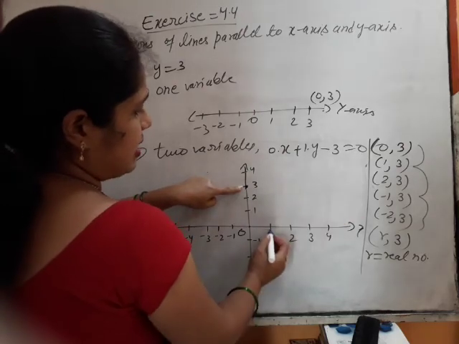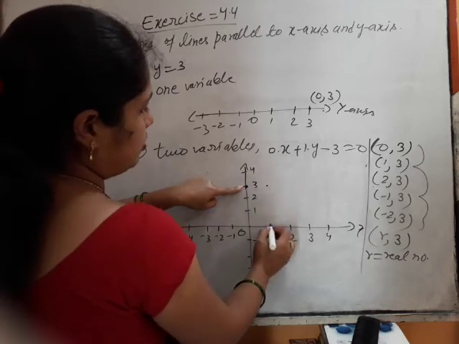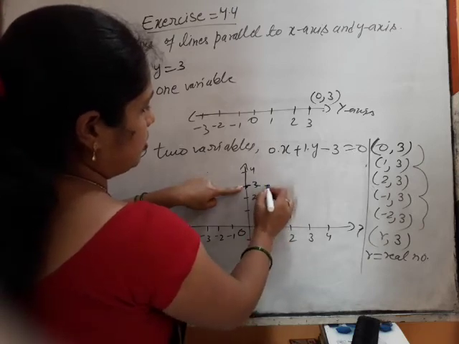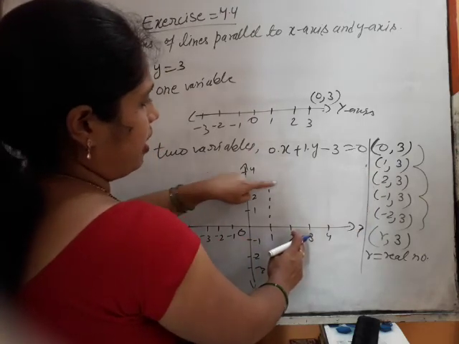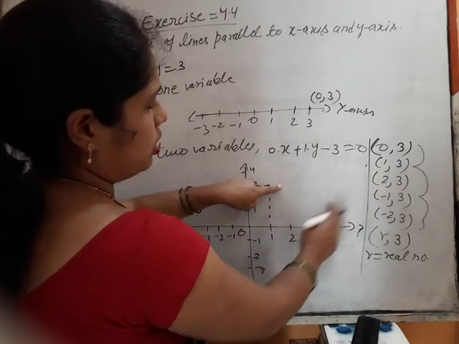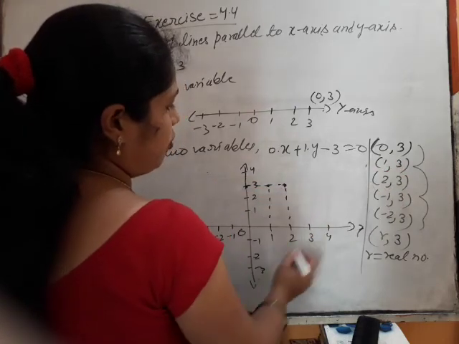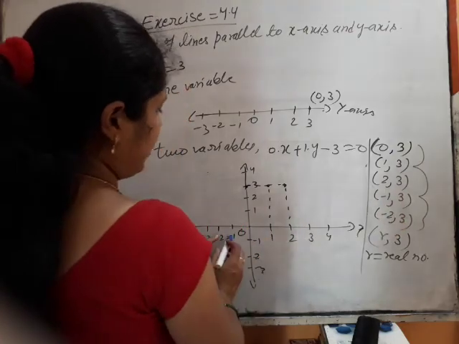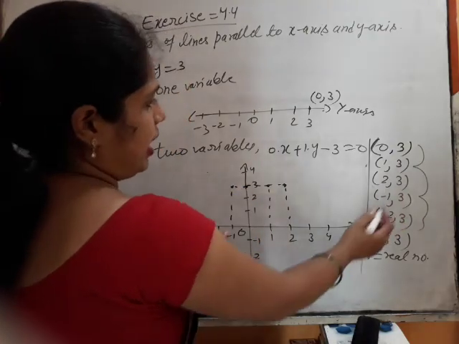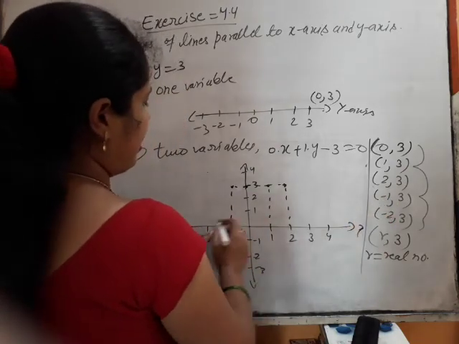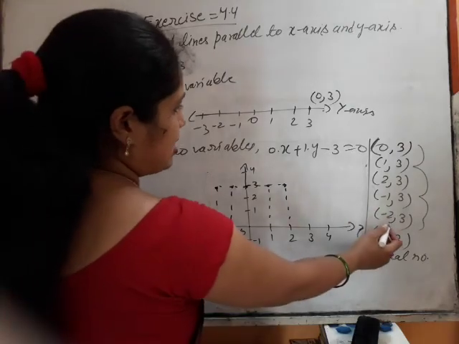Then on the x-axis 1 and 3 on the y-axis, somewhere here. Then x is 2 and y is again 3, so this is our point. Then x is -1 and y is 3, so this point. Then x is -2 and y is 3, so this point.